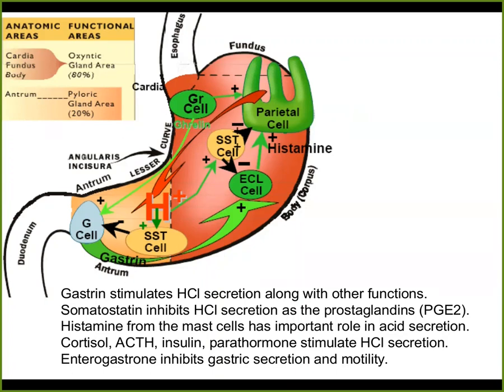What does it mean? Gastrin produces more hydrochloric acid, but hydrochloric acid blocks gastrin production. This is highly important to prevent overactivity of the stomach.